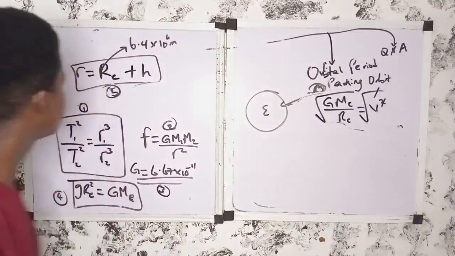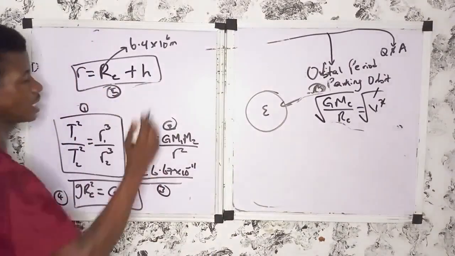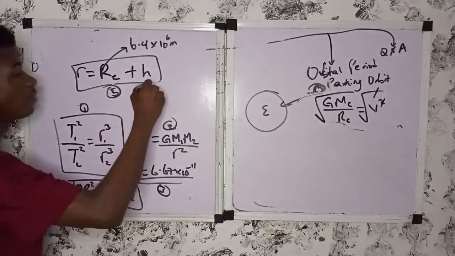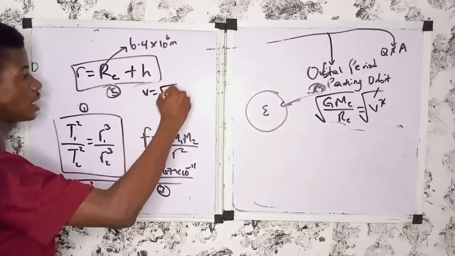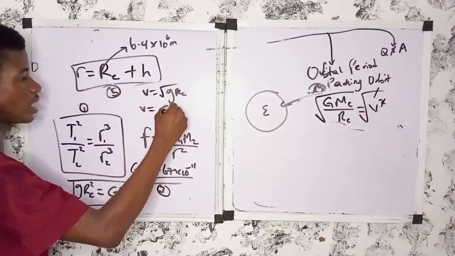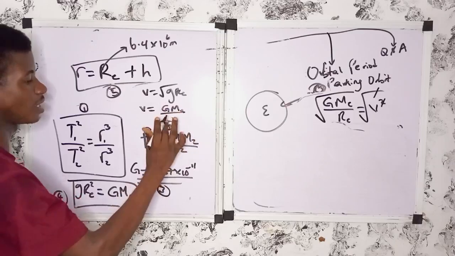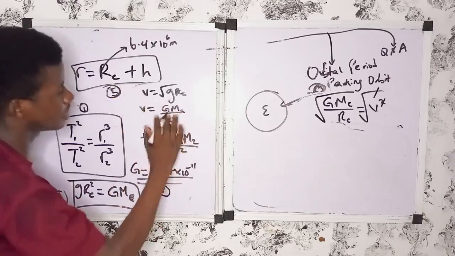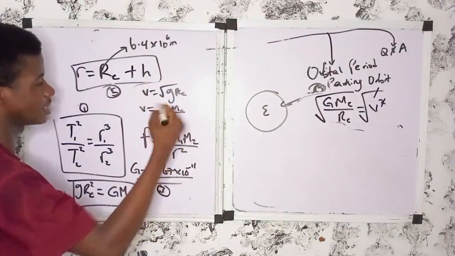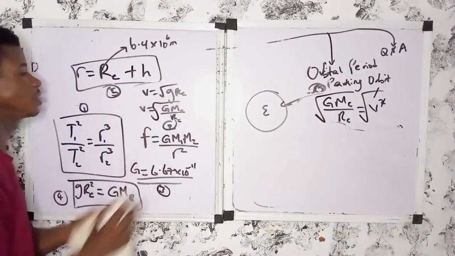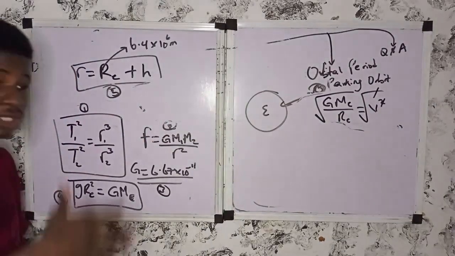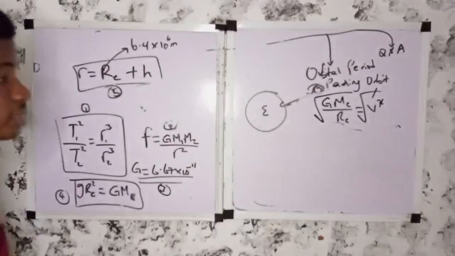At the surface, V is equal to the square root of GM over R_E. There's no space for me to write all the formulas, so just take note of them.